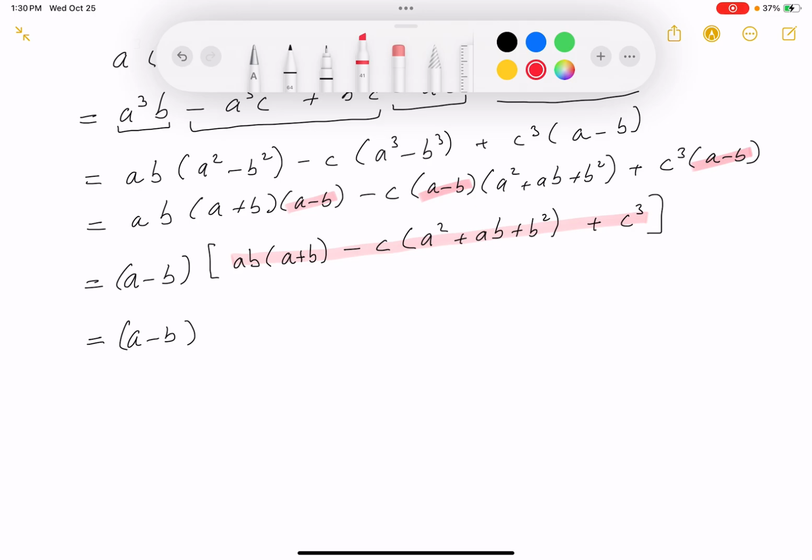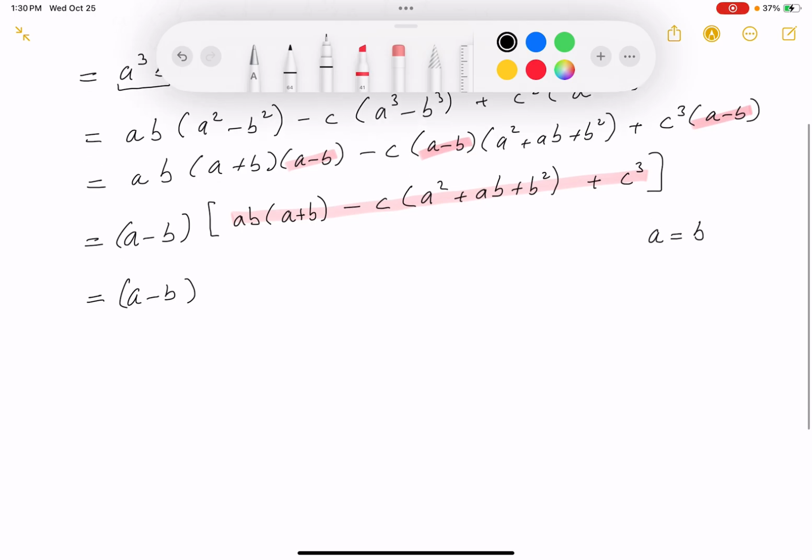All right, let's take a look at that. And I'm going to simply say, let A equal B, by the way. And let me see if I see something that might help me factor it, because I know it's the root of the problem, by the way. That A equals B is the root of the problem. So I'd get A plus A, since A equals B, minus C, A squared plus, well, A equals B, so that's going to be A squared again, and B squared is A squared.